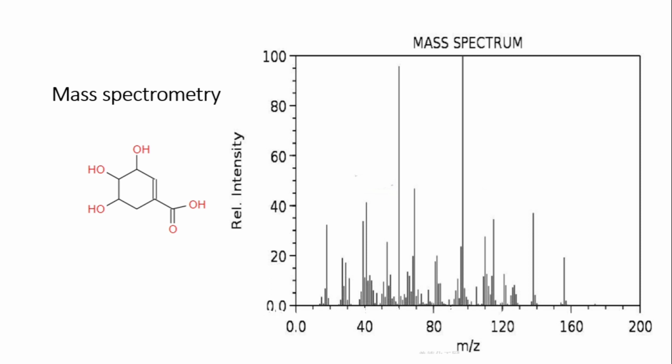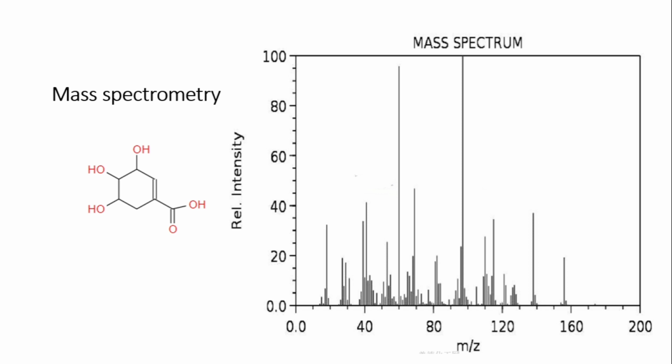Fragmentation of the ion can occur, leading to characteristic fragment ions that provide information about the structure of the compound. For example, shikimic acid undergoes fragmentation through the loss of water to generate an ion with a mass over charge ratio of 155, corresponding to the fragment.